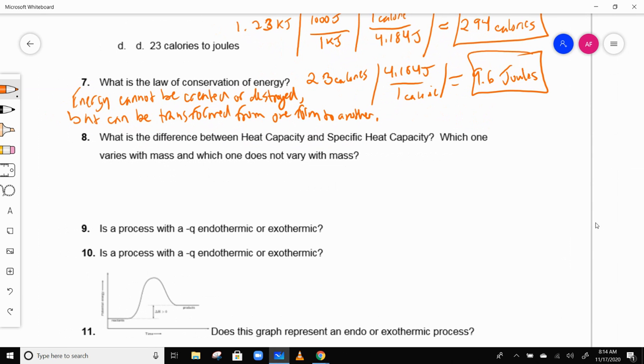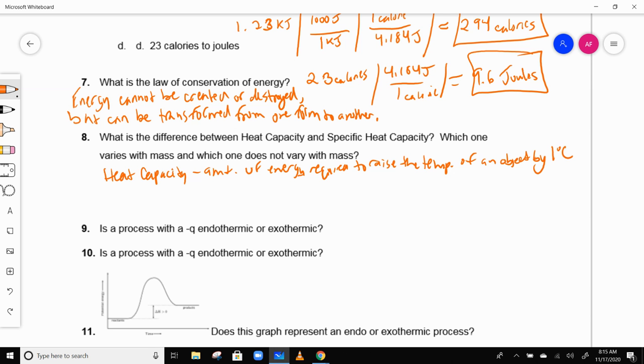Okay, what's the difference between heat capacity and specific heat capacity? Heat capacity is the amount of energy required to raise the temperature of an object by 1 degree Celsius.